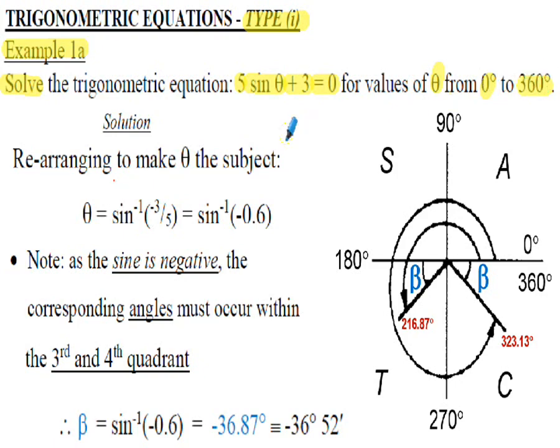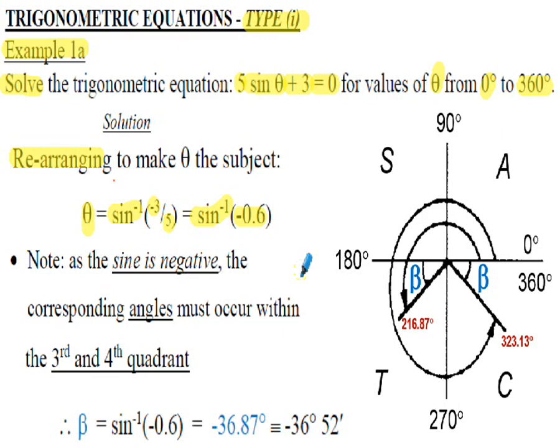So as this is a type 1 problem, we can simply rearrange the equation to find theta. Taking 3 from both sides, dividing both sides of the equation by 5, and then taking the inverse sine, we can find the value of theta. So in this case, sine to the minus 1 of minus 3 divided by 5, which is minus 0.6.